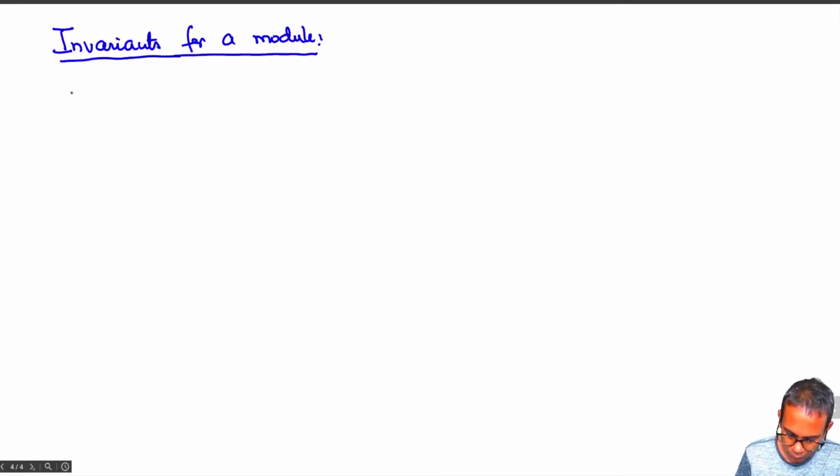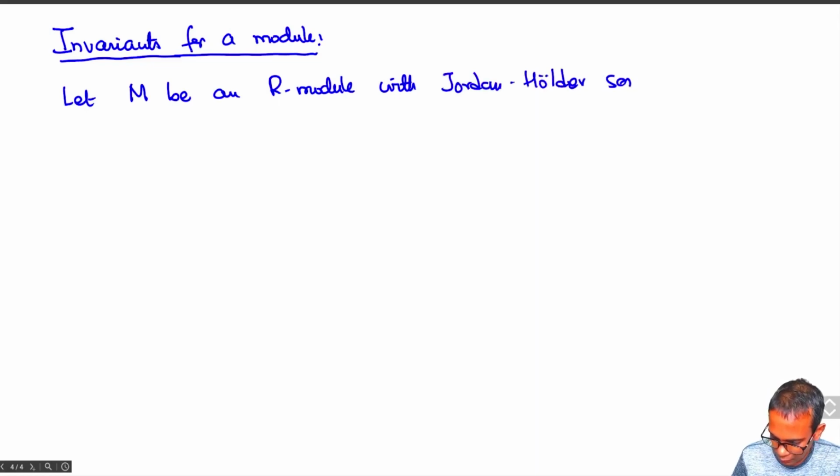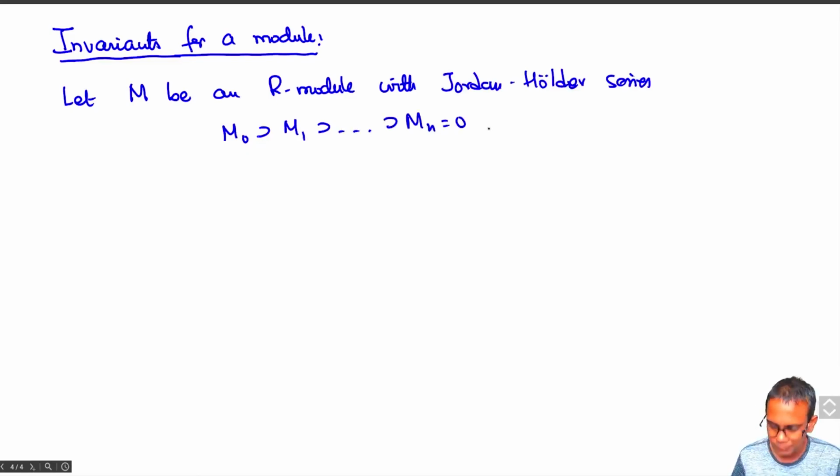So here's how we compute this. So let M be an R module with Jordan-Holder series M0 contains M1 contains ... contains Mn equals 0. So this is going to be strict and these quotients are going to be simple modules.